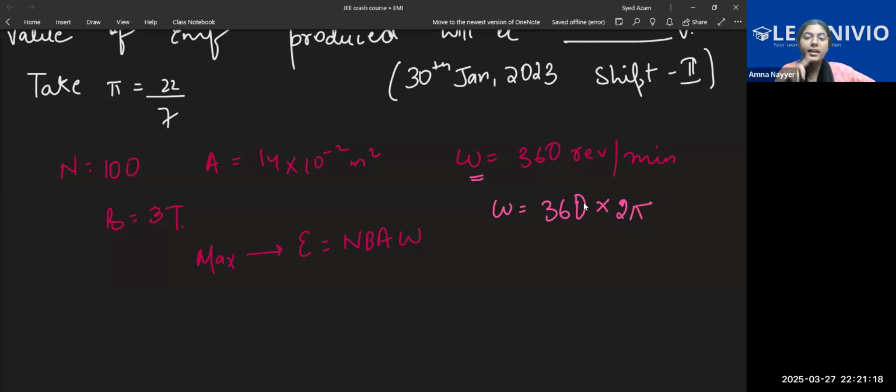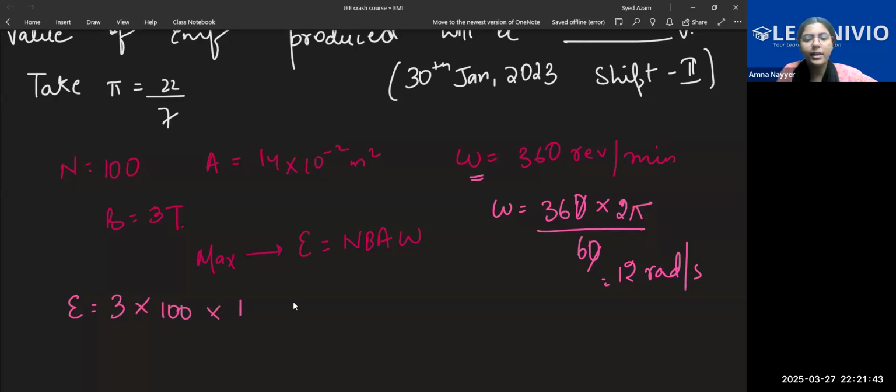Right? 360 revolutions are there, so into 2 pi, you will get the answer in radian. Also, it is saying per minute, we want in seconds, so 60 seconds. This will be 12 pi radian per second. So now we have the value of omega. We can put everything here: 3 into 100 into 14 into 10 to the power minus 2 into 12.